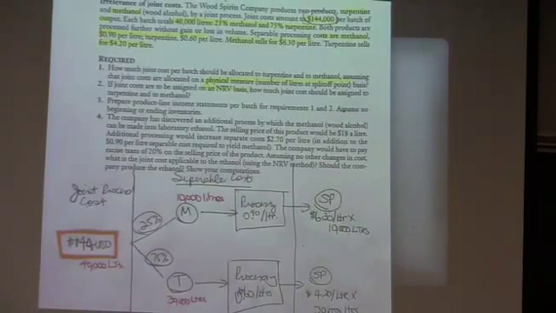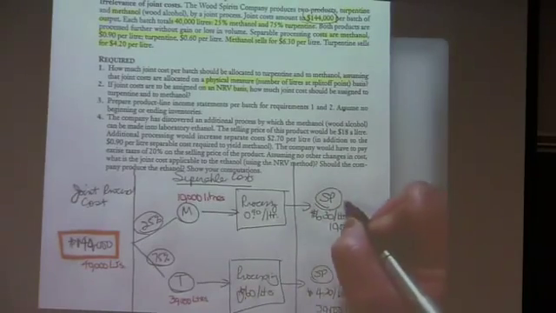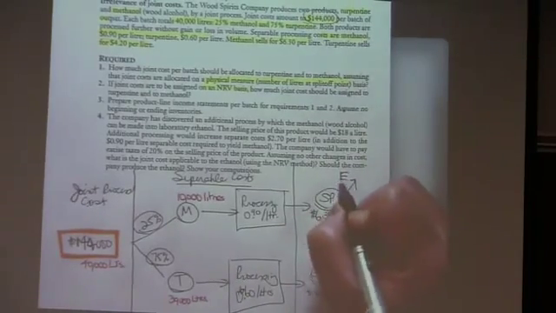So we want to be able to process this further, and I'm going to use purple in this case. So now we're going to take M and we're going to process it further to E, ethanol.